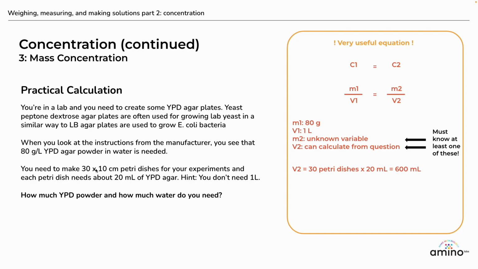We could do a quick calculation to see what the volume we need is, and therefore we can determine the mass. So here we see we need 30 petri dishes, each of which need about 20 milliliters of YPD agar. So that means we need about 30 times 20 is 600 milliliters of total volume of agar, or we could say approximately 600 milliliters of water.